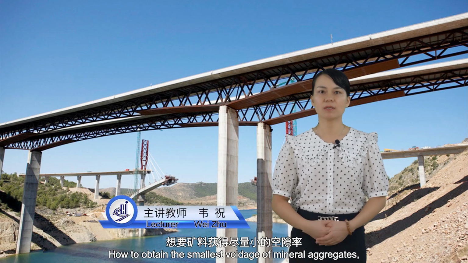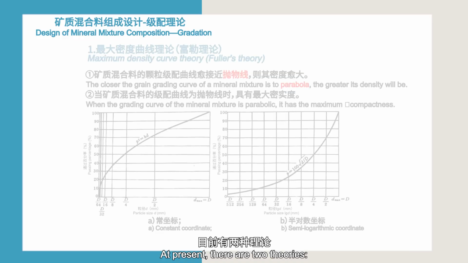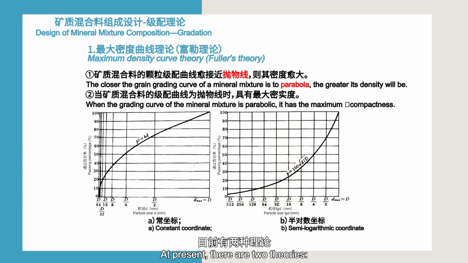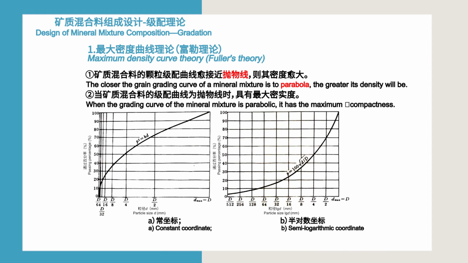How to obtain the smallest voidage of mineral aggregates, that is, the maximum compactness? At present, there are two theories: Fuller's theory and Talbot's theory. Fuller's theory holds that the closer the grain grading curve of a mineral mixture is to a parabola, the greater its density will be.